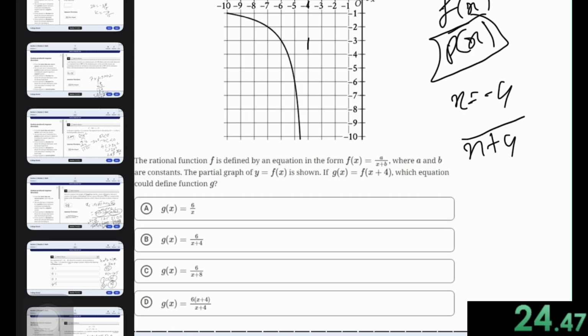Okay, x plus 4, and now it's shifted by a constant. The partial graph of y equals f of x is shown. If g of x is equal to x plus 4, now it's shifted by 4 units to the left, which means it will become minus 8, so the denominator will become x plus 8. So where is denominator x plus 8? Here. Let's go to the next one.